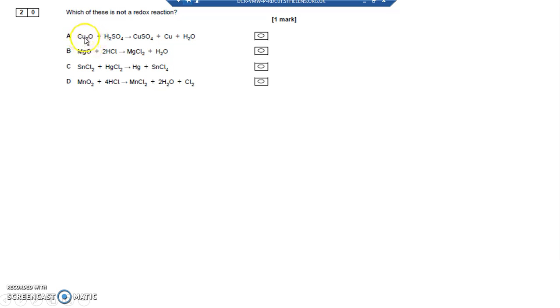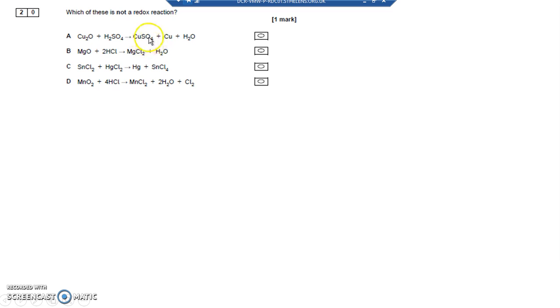That's a +1. So the copper's in +1. Oxygen is -2 because it's in group 6 and gains 2 electrons. Copper here, sulfur's in group 6 +6, and oxygen is -2. 4 times -2 is -8.